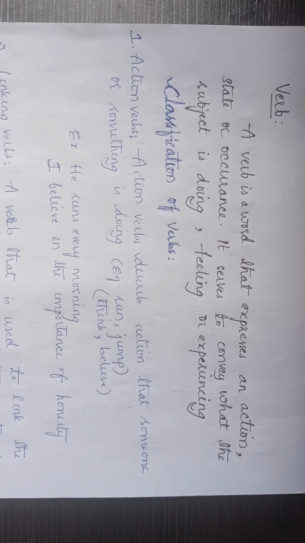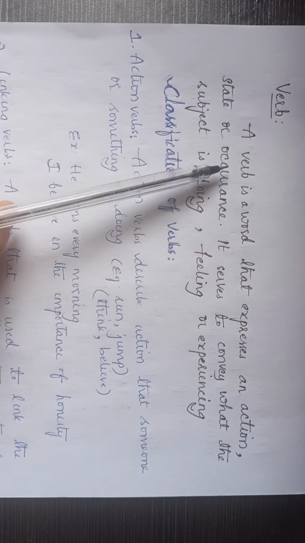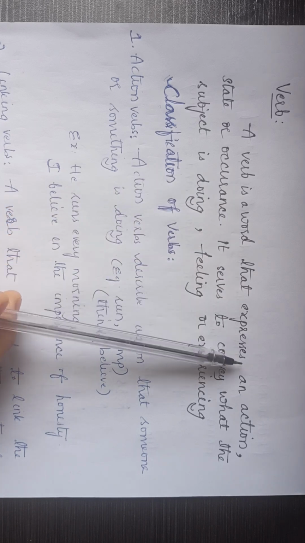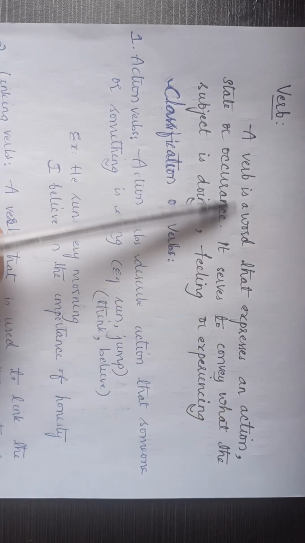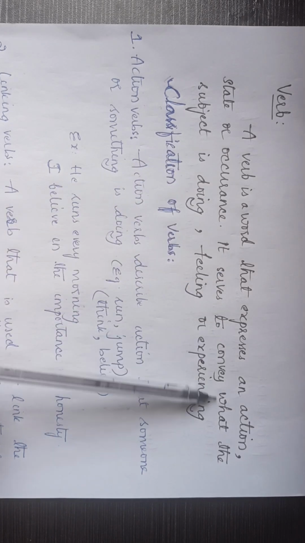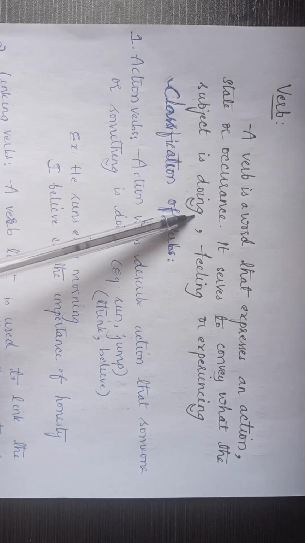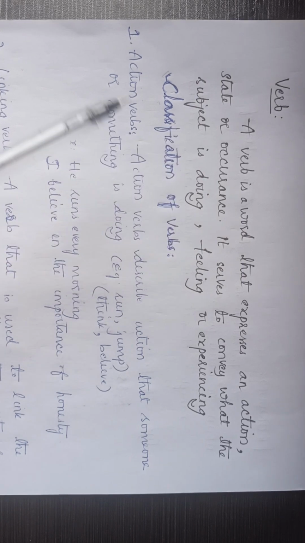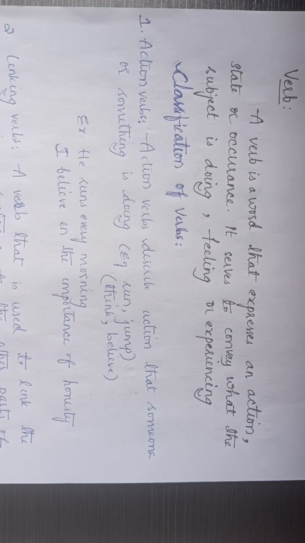So, what is a verb? A verb is a word that expresses an action, state, or occurrence. It serves to convey what the subject is doing, feeling, or experiencing. So, a verb is a word used to describe a situation, event, or action.